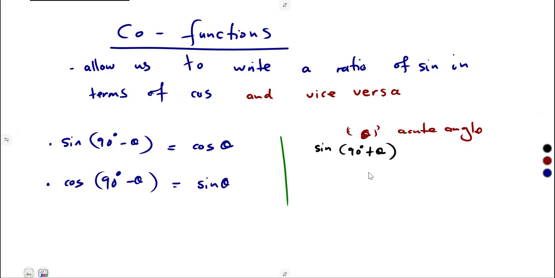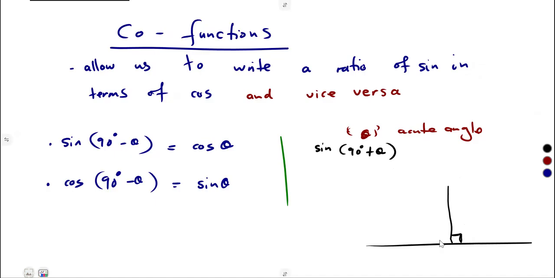Remember, complementary angles are supposed to add up to 90. This one is above. But still, an angle above 90 degrees, where an acute angle is being added, is going to lie in the second quadrant. This is 90 degrees.